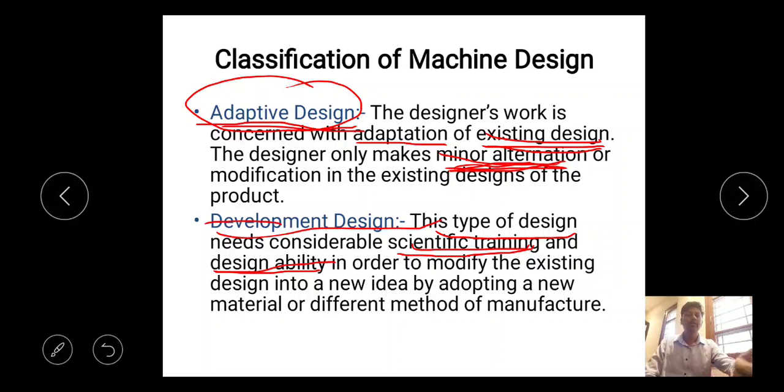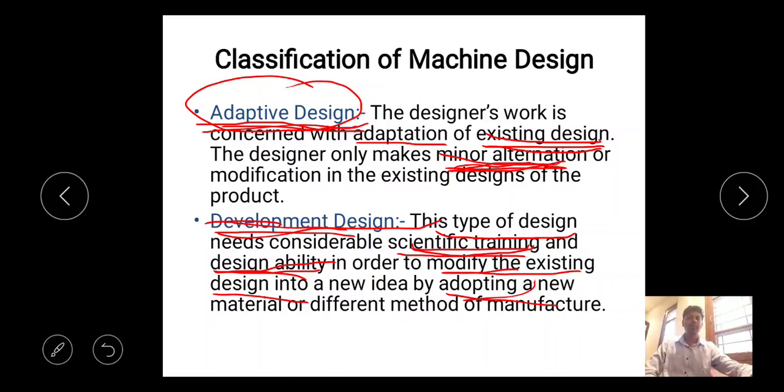So such type of design where both are involved, scientific training and design ability, in order to modify the existing designs. Scientific training means new design, design ability means new, whereas modifying or adopting is nothing but adaptive design.